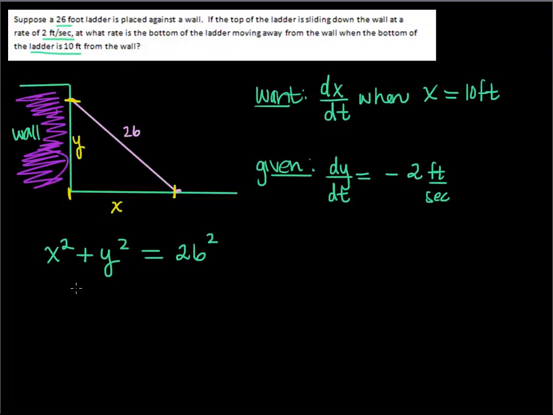That's 676. I need some sort of equation to relate my x and y, because what do I want? I want dx/dt, so I need to take the derivative of something. Anytime you have a right triangle, it's going to be the Pythagorean theorem.